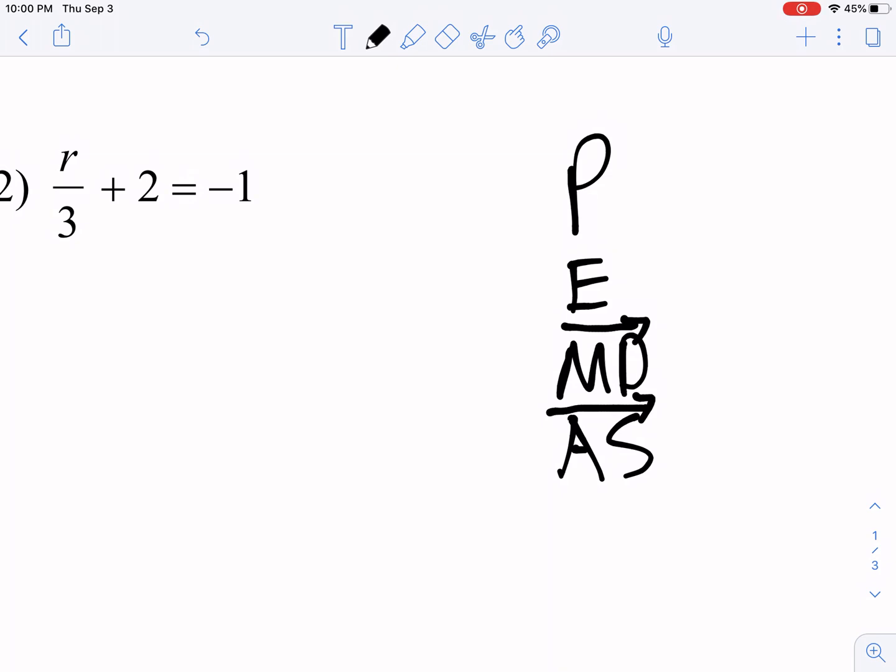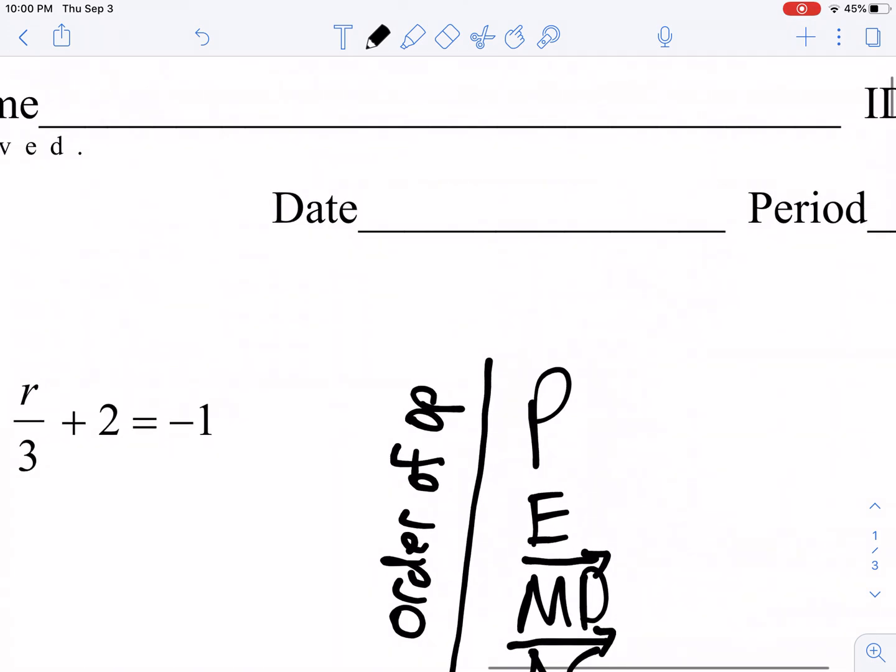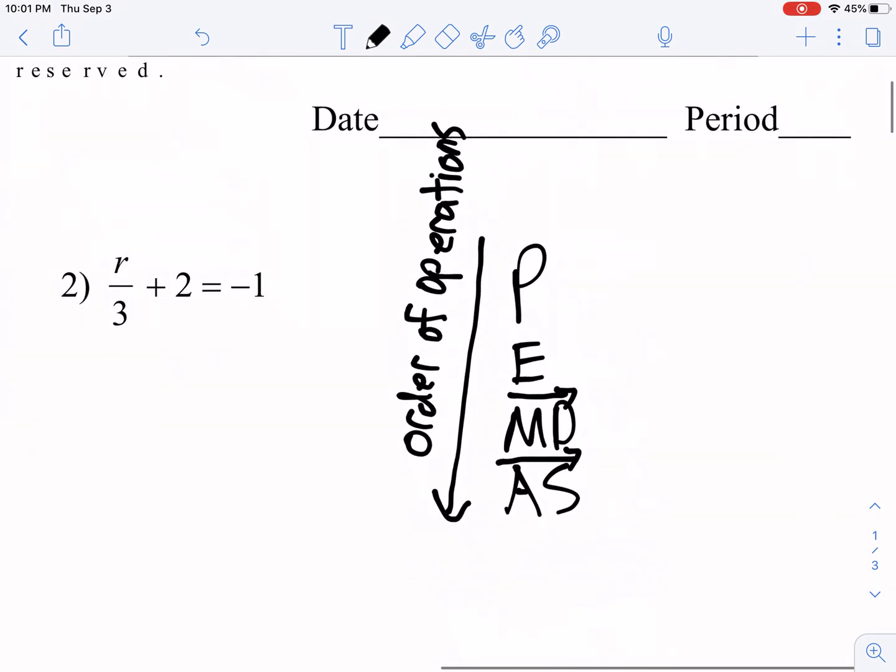When we do the order of operations, this is the order in which we do things. Parentheses, exponents, multiplication, division, and then addition and subtraction, okay?